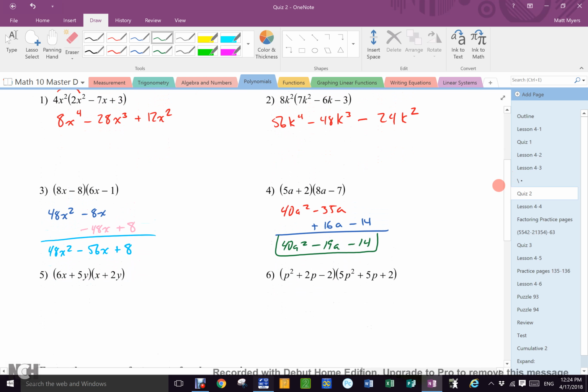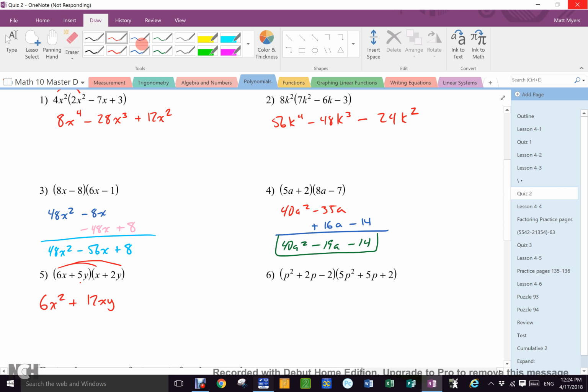Number 5 looks exactly the same, except I made a small change. What is it? There's a y at the end. So I got to remember, if I know how to do x times x, do I automatically know how to do y times y? So there's no excuse for doing it poorly. 6x squared plus, what's that one? 12xy plus that one, 5yx.